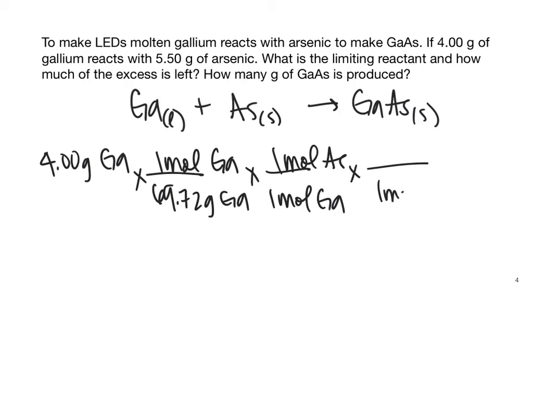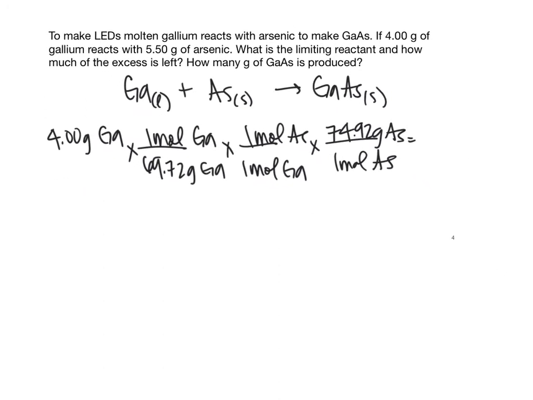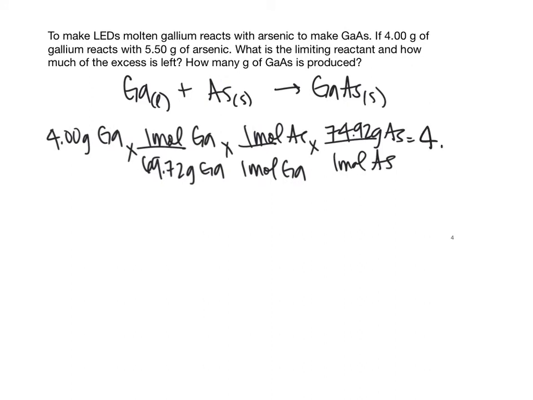And then 1 mole of arsenic has a mass of 74.92 grams of arsenic. So when we plug this into our calculator, we get 4.298 grams of arsenic.